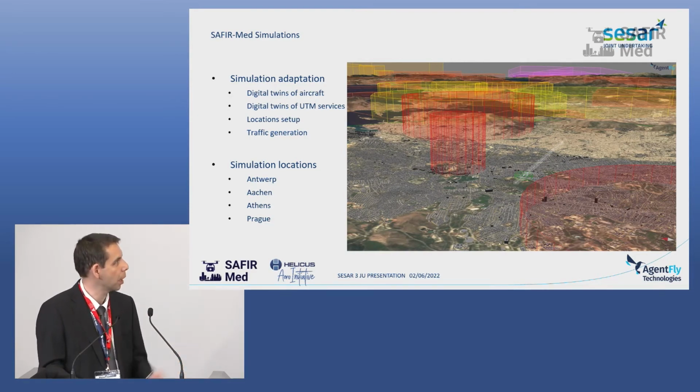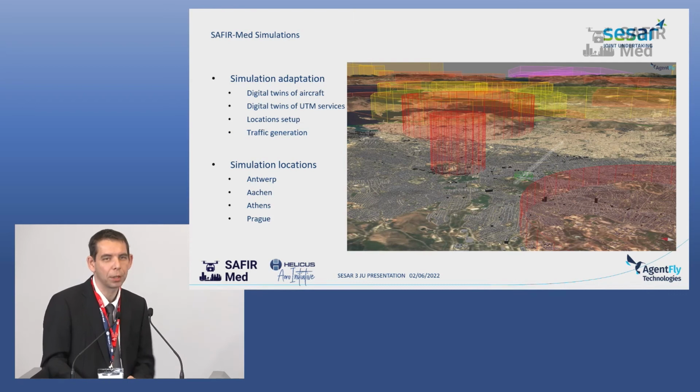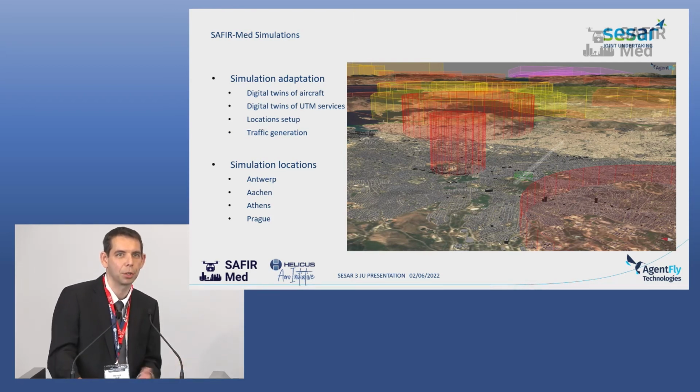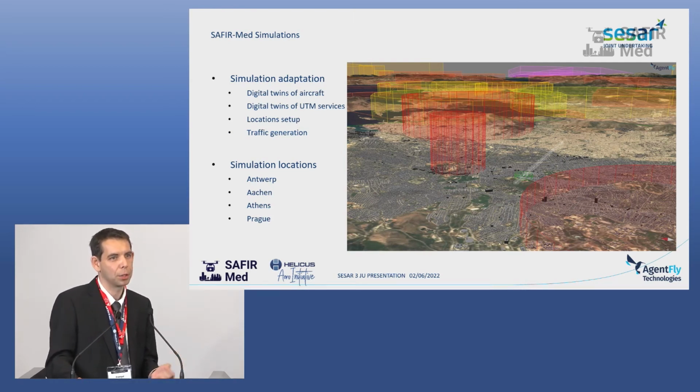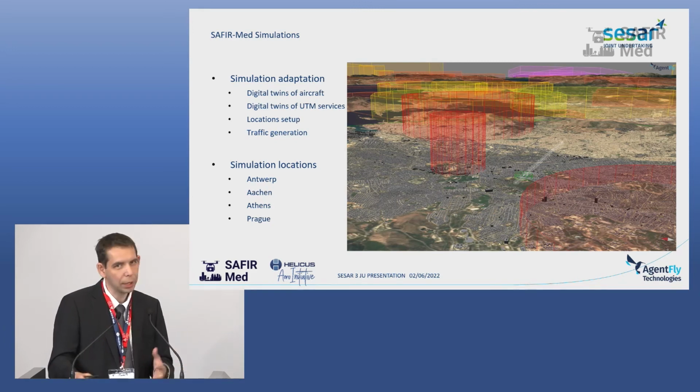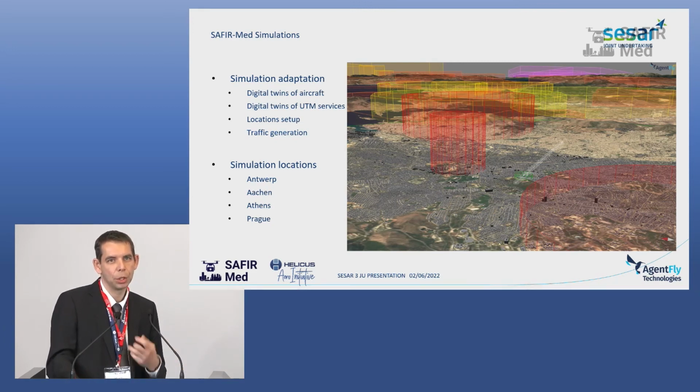You can see restricted zones, where different colors mean different restrictions for drones. Some are restricted because they are within the city center, some are zones around airports and so on. You integrate everything within the simulation, and then you feed in aircraft.